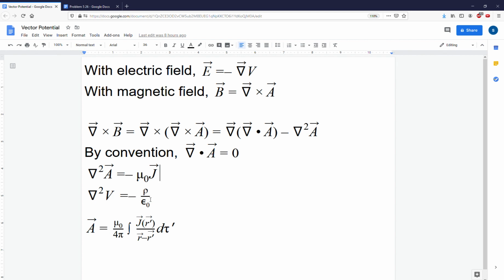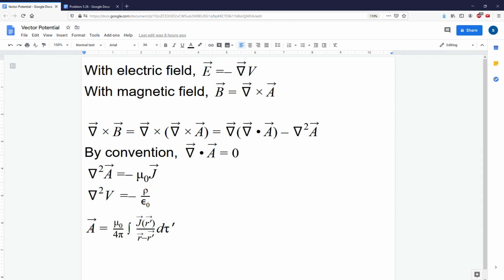Now, another result of this analogy is that since the Laplacian of the scalar potential depends on charge, and the Laplacian of the vector potential depends on current density, we can basically do Coulomb's law for current now.